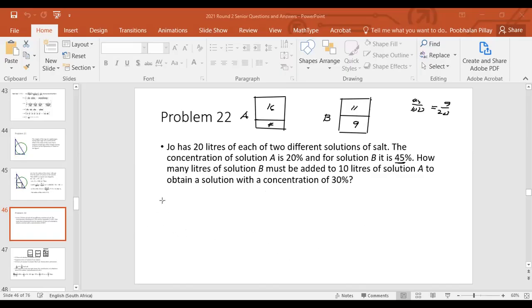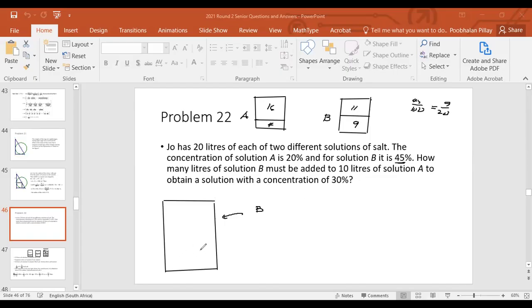So let's put a new diagram here, a biggish diagram, because I'm going to record a lot of pieces of information. You've got stuff which is moved over from solution B. How many liters of solution B must be added to 10 liters of solution A?